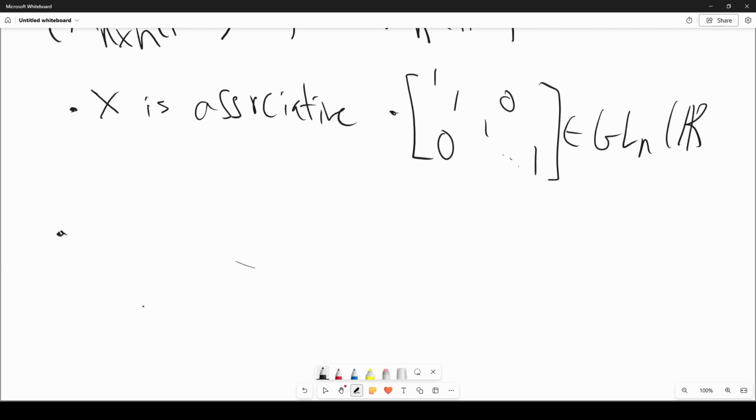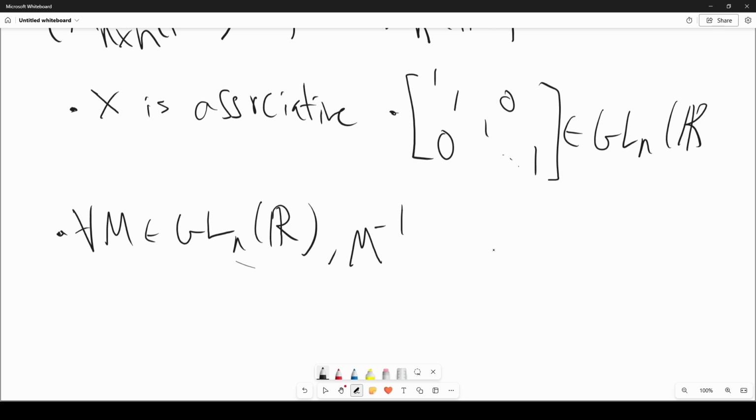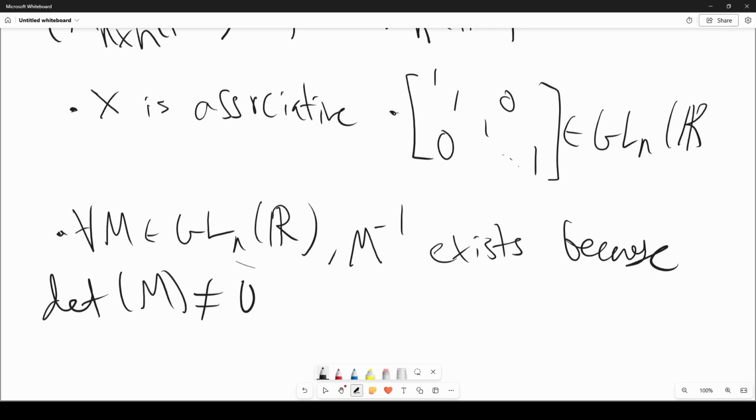Finally, this is the interesting property. For all matrices M in GL_n(R), we see that the inverse of M must exist. So you might know from linear algebra that sometimes matrices don't have inverses. In this case, M inverse exists because the determinant of M is non-zero. This is equivalent to saying it has an inverse.